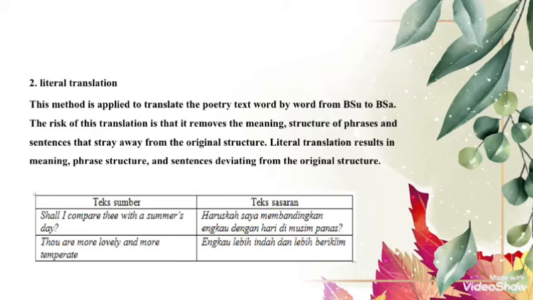This will make us imagine something bad. So the image of the beauty of the summer day goes against summer in Indonesia, and of course it's very contradictory. So literal translation is not always good because it can change the real meaning of the original poetry.